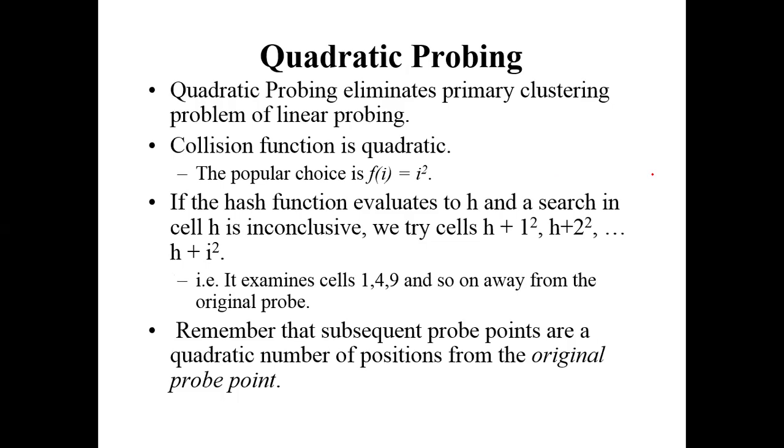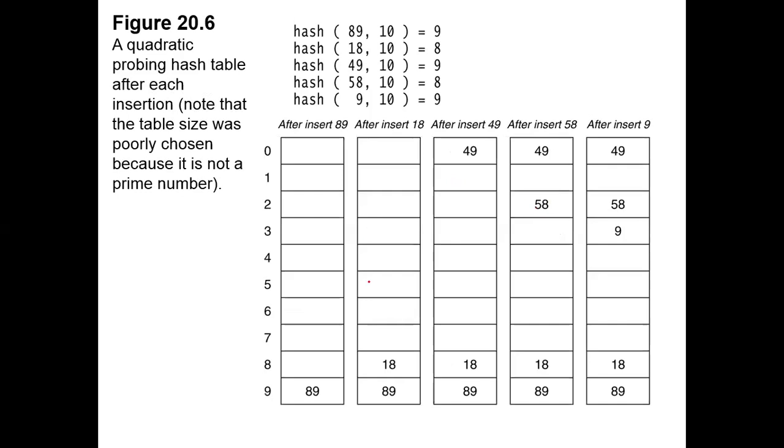Next is quadratic probing. The difference between linear and quadratic probing is that you increment the probing value in a squaring manner, so H plus i square is used. In the same table, at location 9, 89 modulus 10 is 9, so 89 is added. Next, 18 is added at location 8.